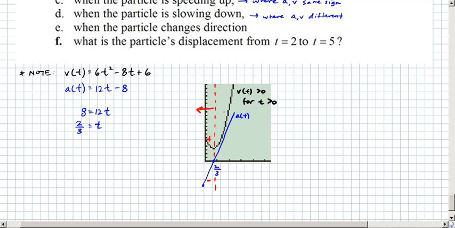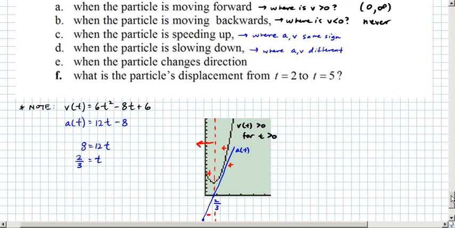So from 0 to 2/3, it slows down, and that's where they're different signs. And they're the same sign to the right of 2/3.